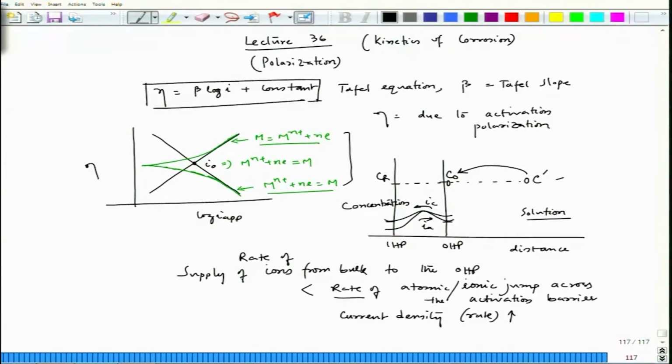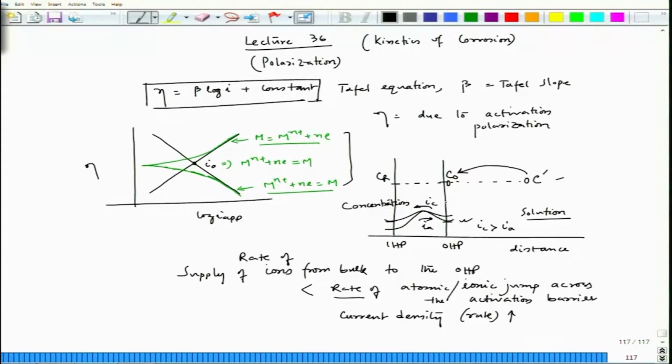At a very high current density, there could be a lag of ion supply to the OHP for the ionic jump from OHP to the IHP, because when we have this kind of modification in the energy distribution, then we have more of IC. In this case, IC is greater than IA. So, there would be a lag.